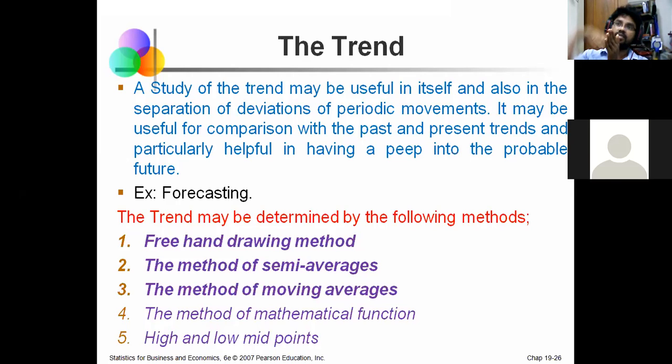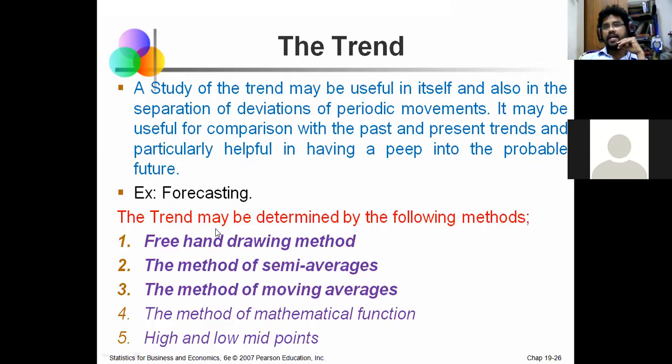You can also forecast future sales, how much sales will happen in the future. Particularly, it can be helpful in having a peep into the probable future also. As I told you, when you have time series data, you can easily observe the past trend, the present trend, and the future trend.